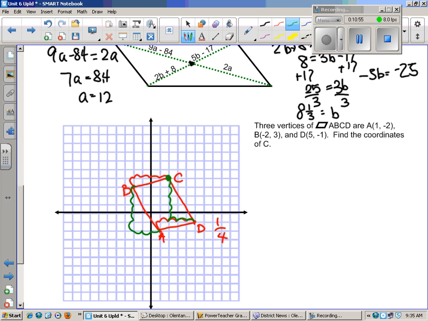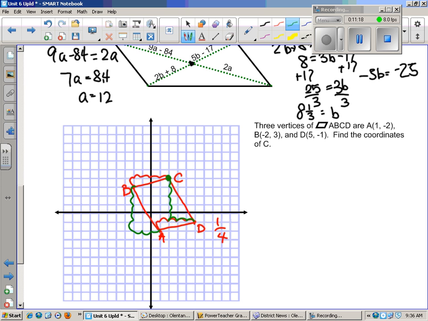Okay. Now let's say I want to put in my diagonals. I know that the diagonals, what's characteristic? They bisect each other. That means if I find the midpoint of BD and the midpoint of AC, shouldn't they be the same? Right?